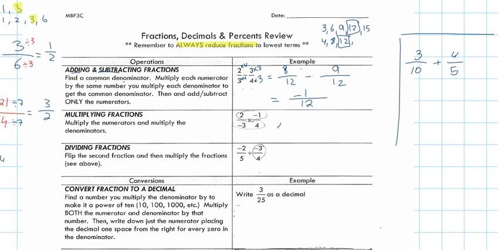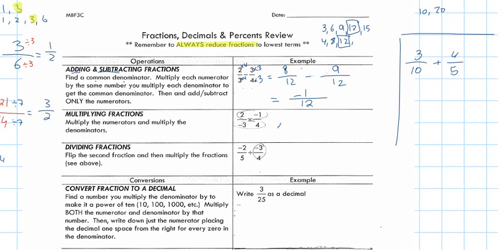Okay. What are the multiples of 5? Have you found anything so far that's common? Okay. So if you look at this, my lowest common multiple is 10. Okay, you have to pick your lowest common multiple.